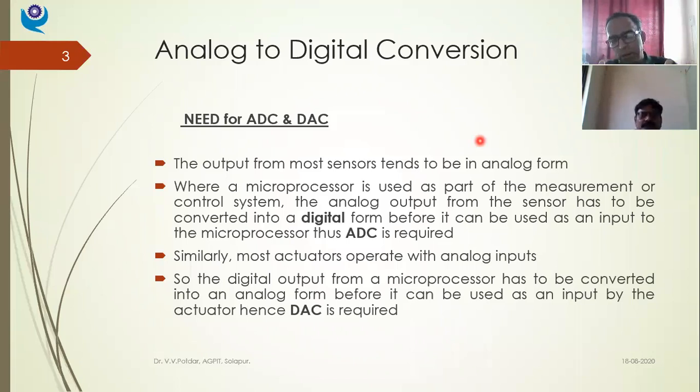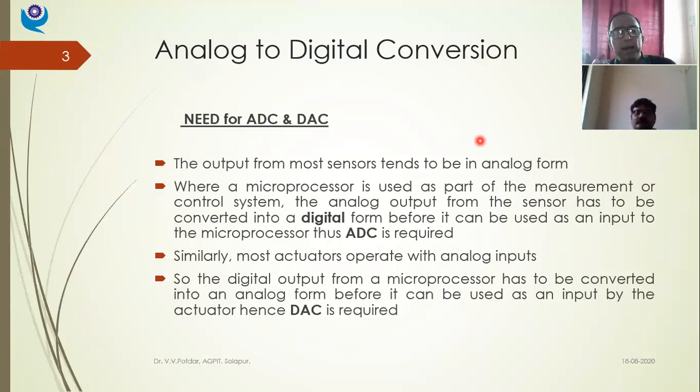So the controller, which is a microprocessor, is generating a digital signal. This digital signal cannot be understood by the DC motor. The DC motor understands only analog signals. So this output signal from the microprocessor needs to be converted into an appropriate analog signal. Here comes into picture your D to A converter, DAC.